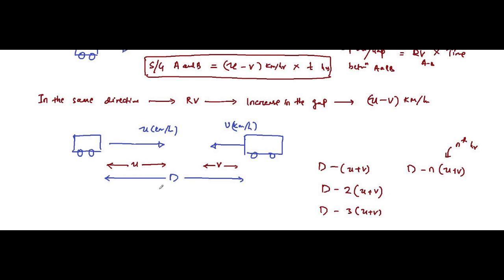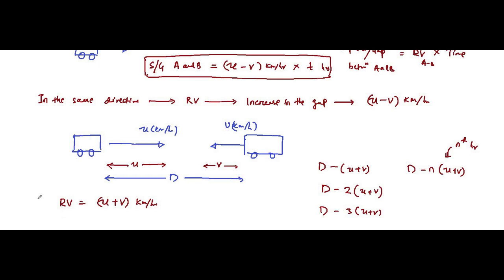So here, when both the vehicles are traveling in the opposite direction, the relative velocity, we know it is u plus v. I have already discussed that, u plus v kilometer per hour.